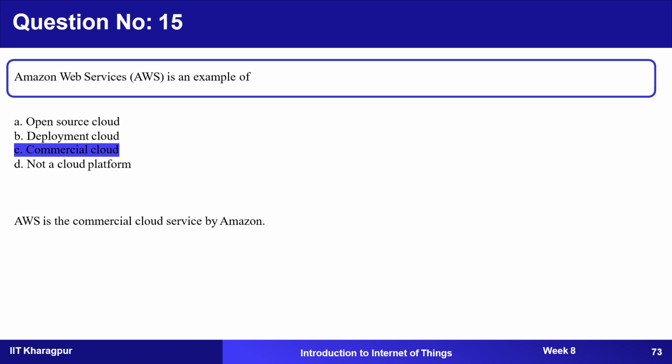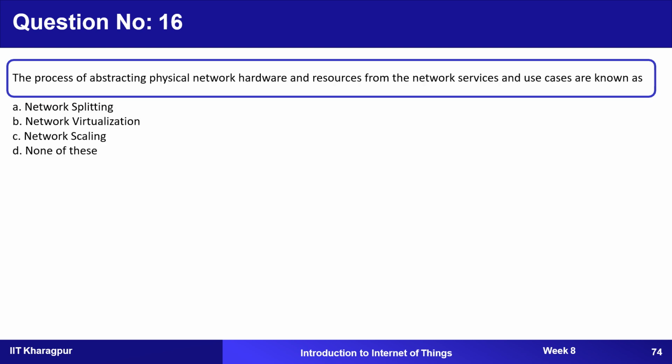Next question is, the process of abstracting physical network hardware and resources from the network services and use cases is known as, options are network splitting, network virtualization, network scaling, none of these. Anyone?